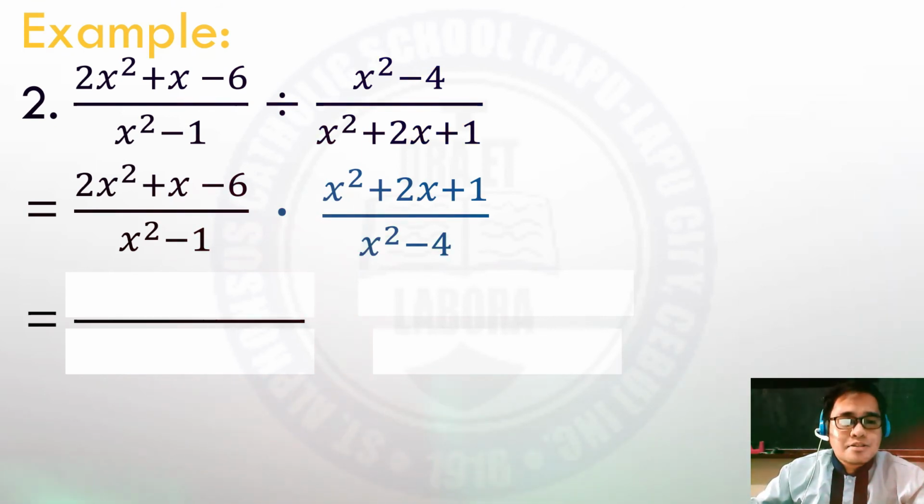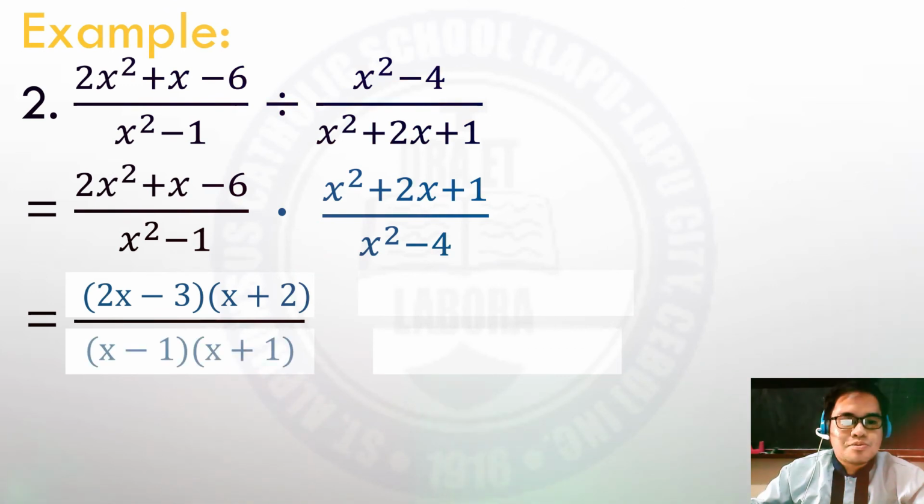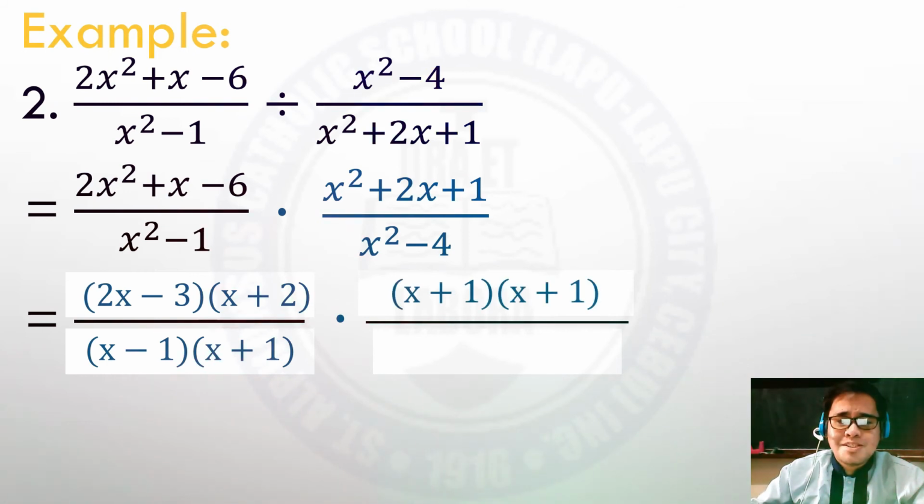Here, the factors of 2x squared plus x minus 6 are 2x minus 3 and x plus 2. The factors of x squared minus 1 are x minus 1 and x plus 1. The factors of x squared plus 2x plus 1 are x plus 1 and x plus 1. And the factors of x squared minus 4 are x minus 2 and x plus 2.